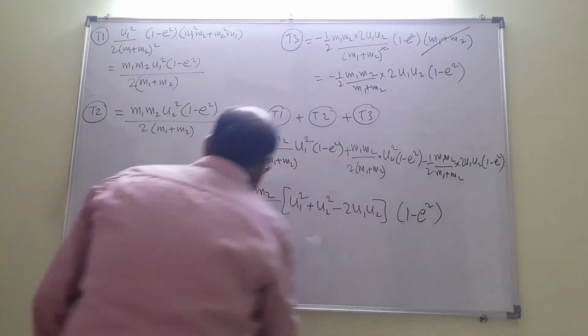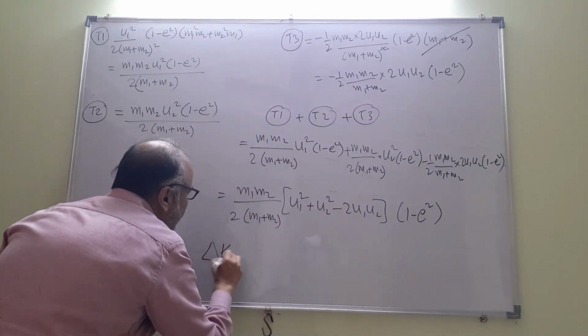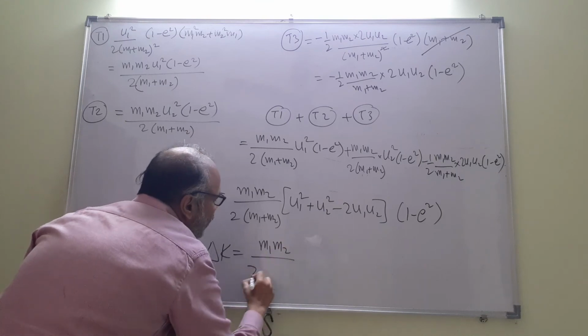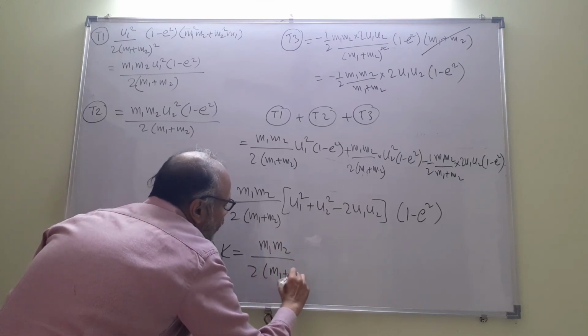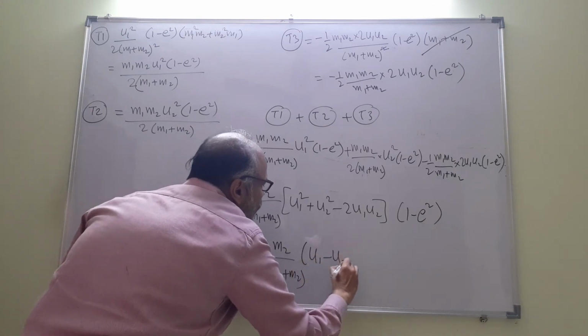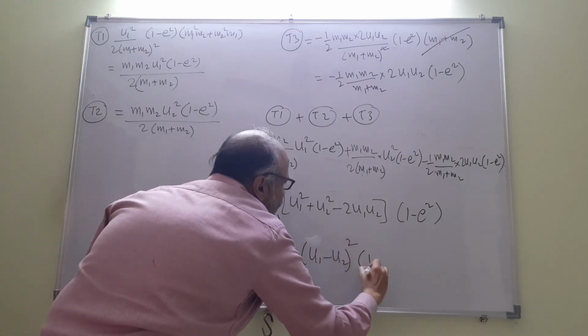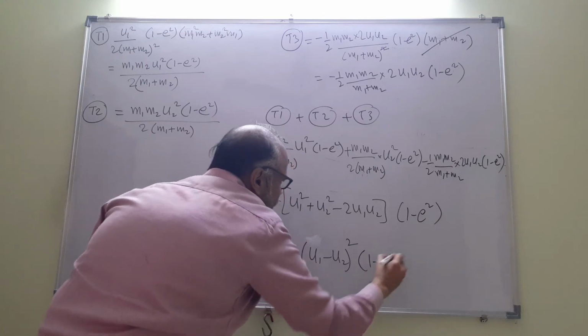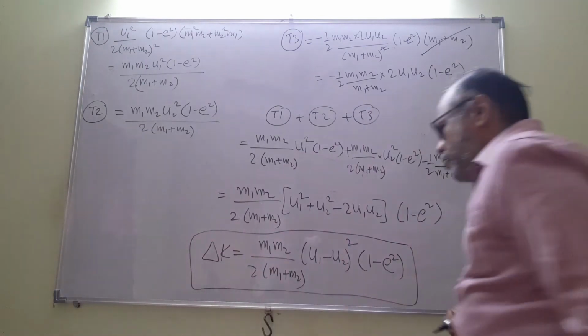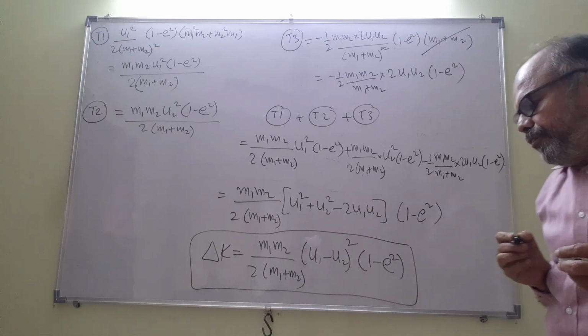So that will be the final loss in kinetic energy. We can get the expression m1 m2 by 2 m1 plus m2, this will be u1 minus u2 the whole square into 1 minus e squared. That is the expression for the loss in kinetic energy.